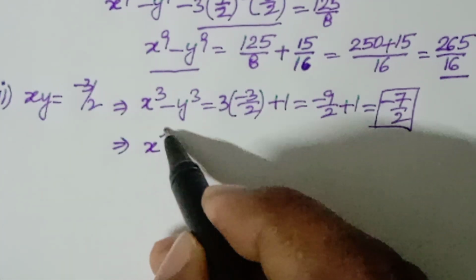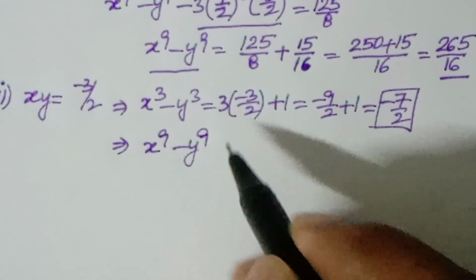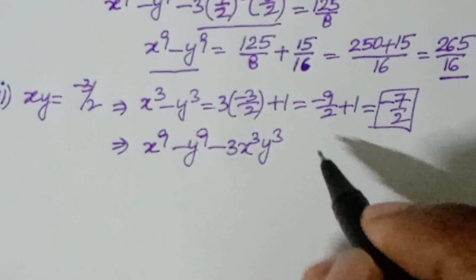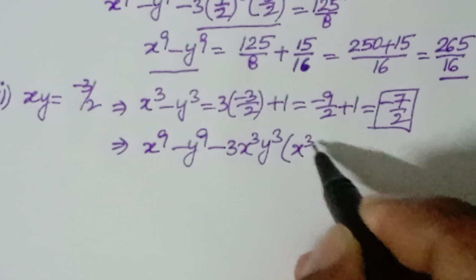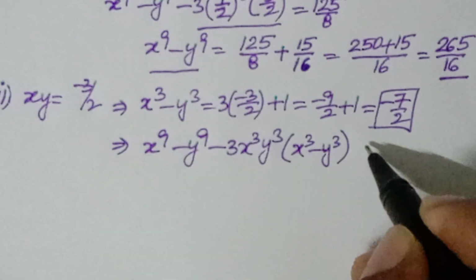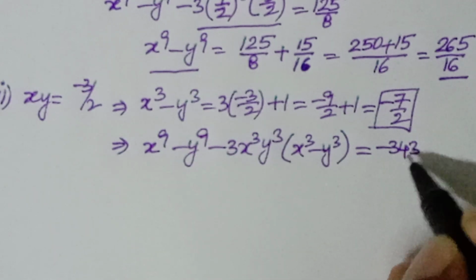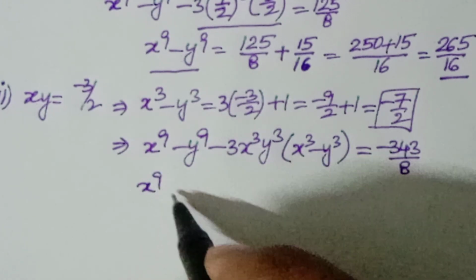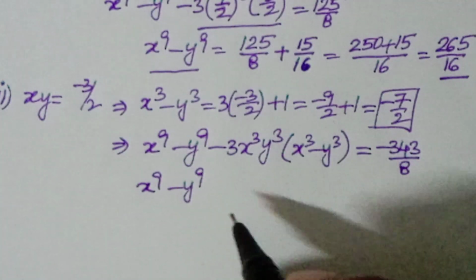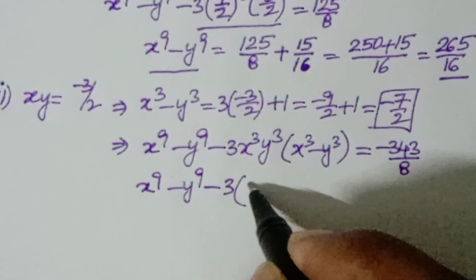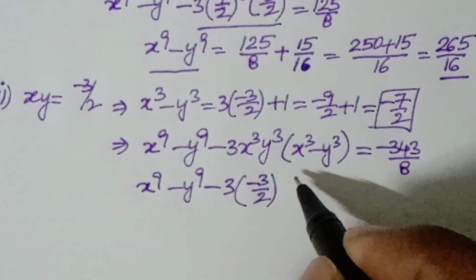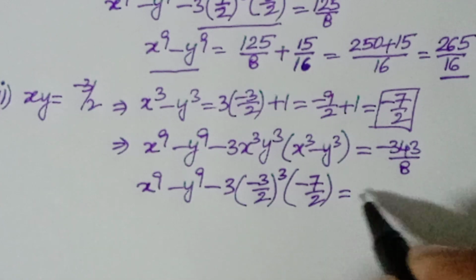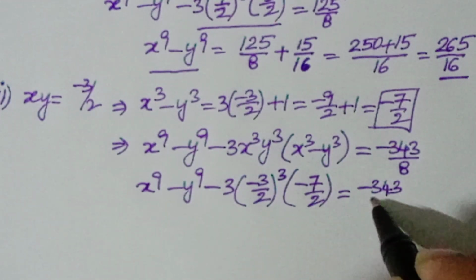Cubing on both sides. X to the power of 9 minus y to the power of 9 minus 3x cube y cube into x cube minus y cube is equal to minus 343 by 8. So here x to the power of 9 minus y to the power of 9 minus 3 into minus 3 by 2 whole cube, minus 7 by 2 is equal to minus 343 by 8.